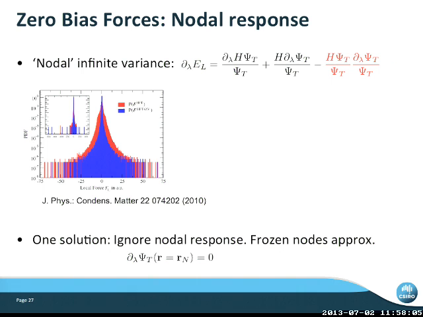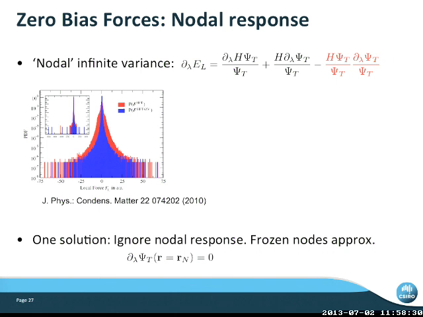In this case, the irony is that this term, this derivative of the local energy that gave us our zero variance principle, actually has a 1 over psi_T squared problem. So as you get close to a node, this term is going to diverge, and you've got your infinite variance back again. One way of getting rid of that is to say, well, let's just ignore this nodal response term.